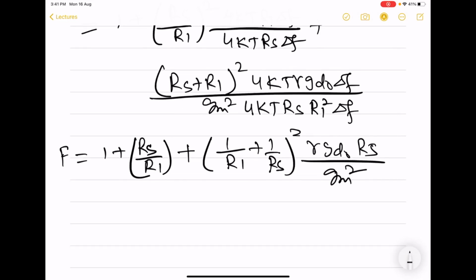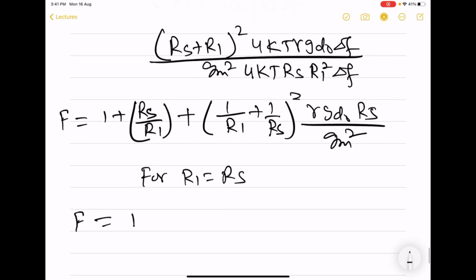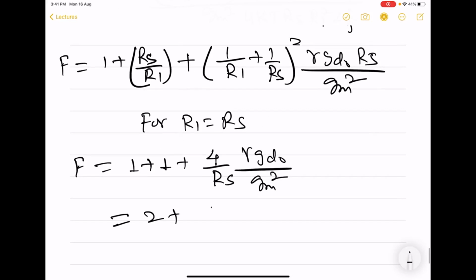Now here we will be using the match condition, that means R1 is equal to Rs. In this case F becomes 1 plus 1 plus 4 by Rs gamma GD0 by Gm square. So this turns out to be 2 plus 4 gamma GD0 by Rs Gm square.